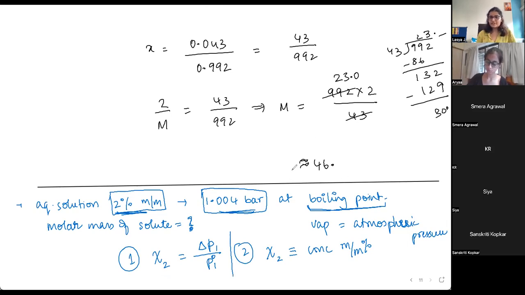So in between, the calculations we did: now this is mass by mass percent, right? So we converted that to moles because for mole fraction we needed the number of moles. That's essentially what we did. Okay, right. Smira, Kaveri, Sia, Sanskriti, make sense?